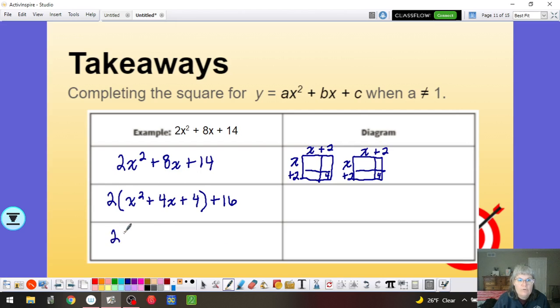So in factored form, this becomes 2 times x plus 2 squared plus 16. Not 16, should be 6, excuse me. Because we said we had 8, we need 14, so we're going to add 6. And there we have written standard form into a vertex form, so when we get to lesson 5, we can graph these as well.